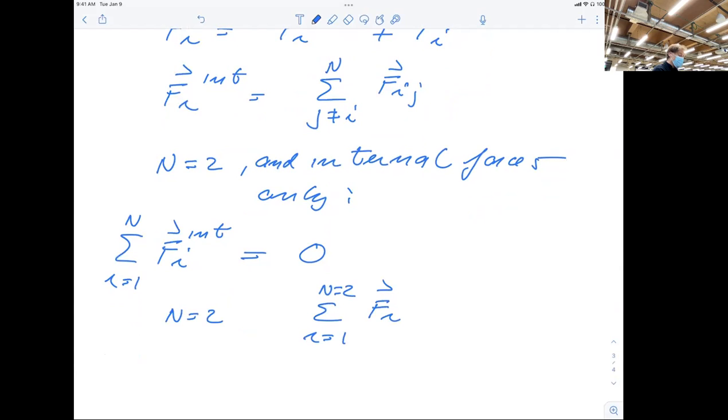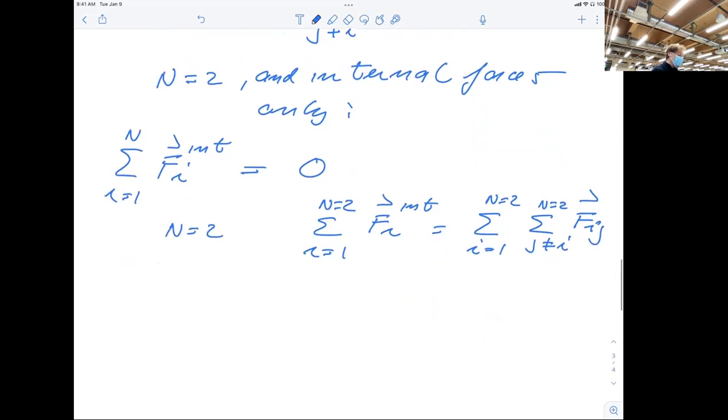This quantity here, the sum over i equal 1 up to N equal 2 of the internal forces, so let me put on arrows here, was given by the sum over i equal 1 up to N equal 2, and then a sum over j different from i, up to N equal 2 here. And then we had an F_ij.